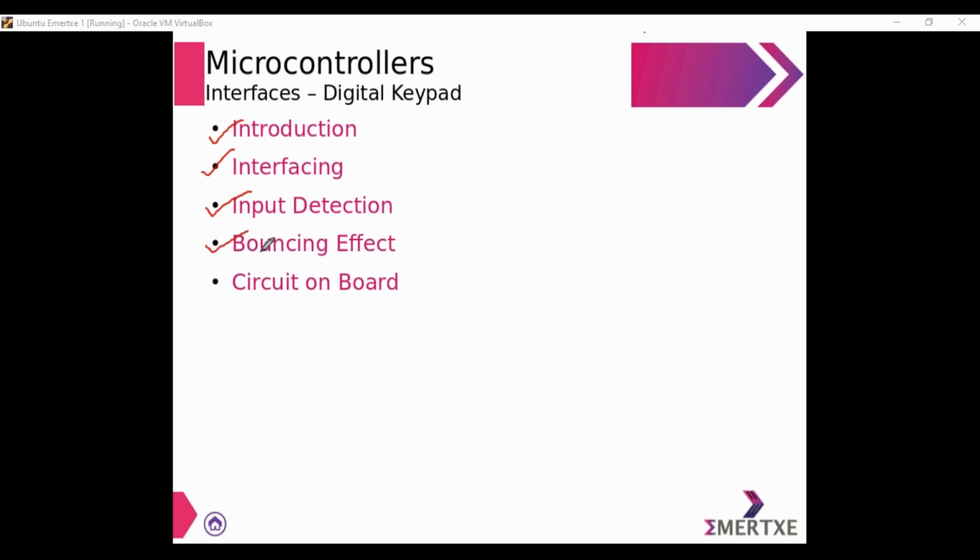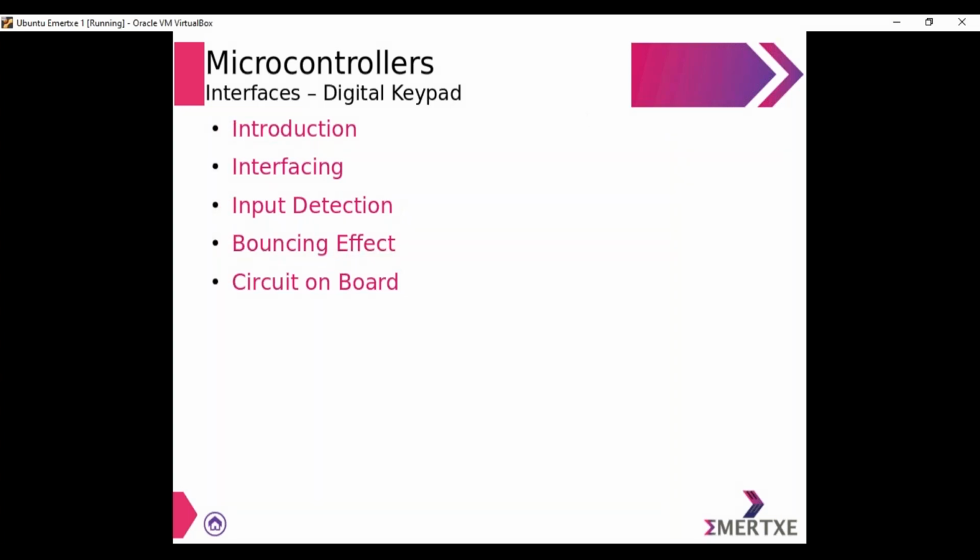Then we are going to see the bouncing effect, how the bouncing effect plays an important role in the digital keypad, something which is really necessary to be taken care of. And last, how the digital keypad is available as a circuit on our board.